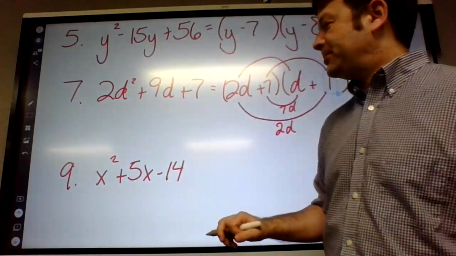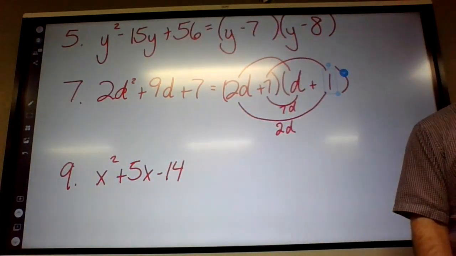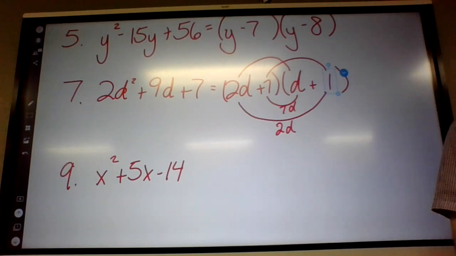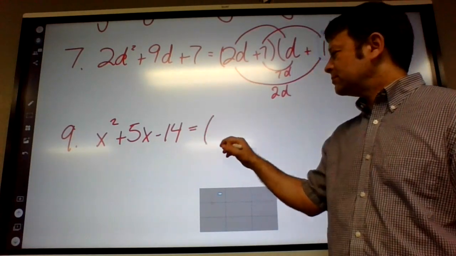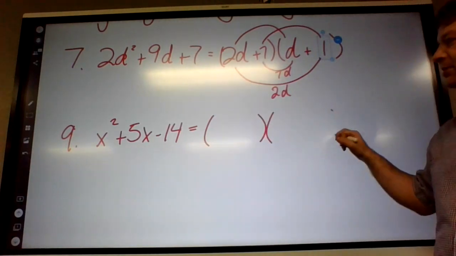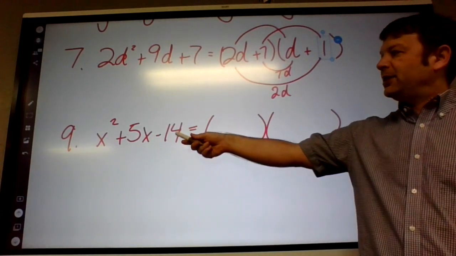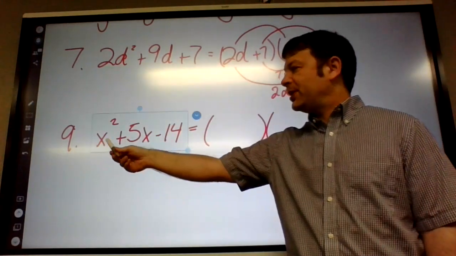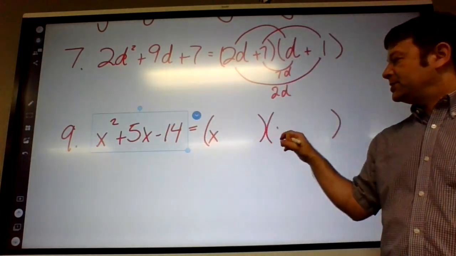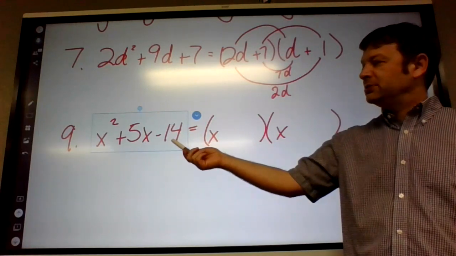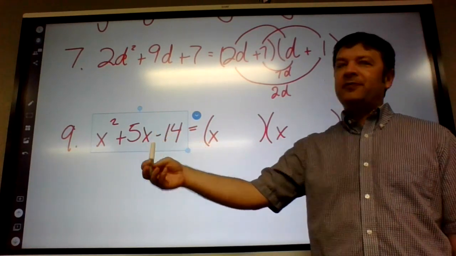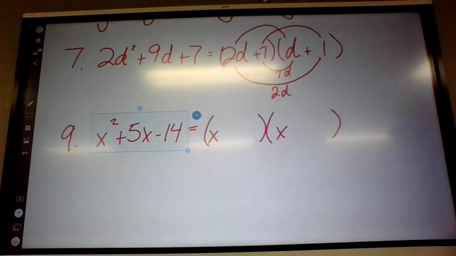So yeah, they just want us to put it in the right order and then do just like what we're doing in number 5. So now that it's in the right order, Sophia, it's kind of like number 5 because there's just an x squared. So that's just x times x. Sophia, what multiplies into negative 14 that would add up to 5? 2 and 7, and how do we get it to add up to 5?